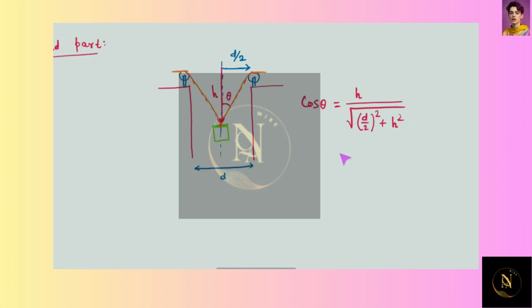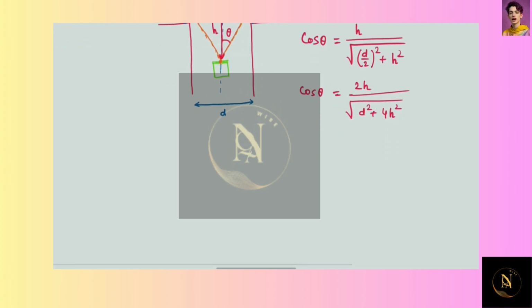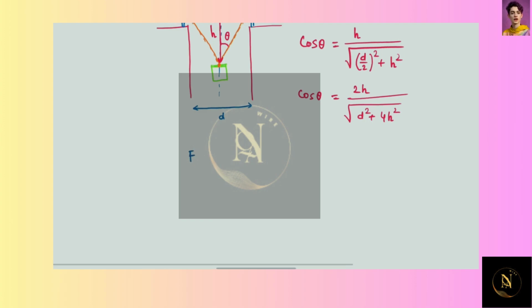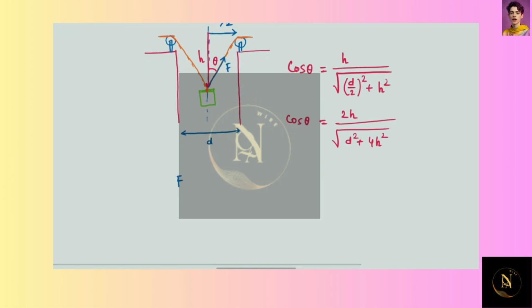So this will be equal to 2h by square root of d square plus 4h square. From the previous part of this question we can then write the force on a single string, F.